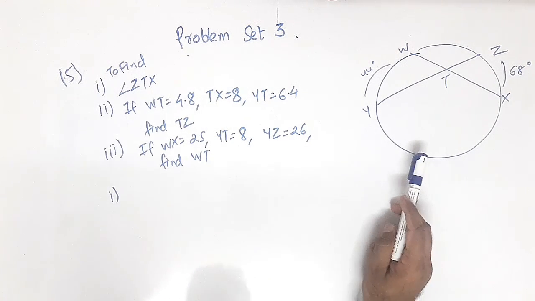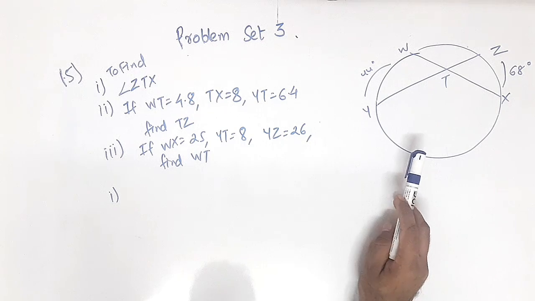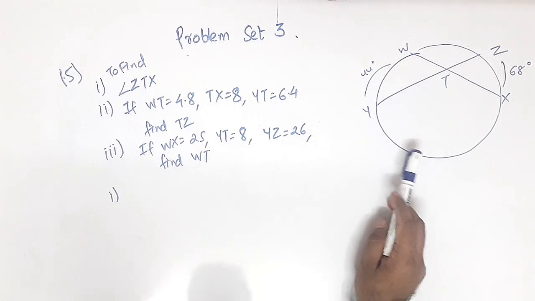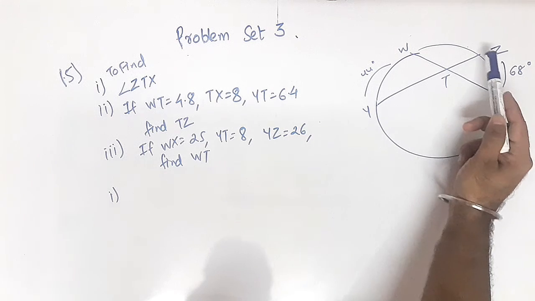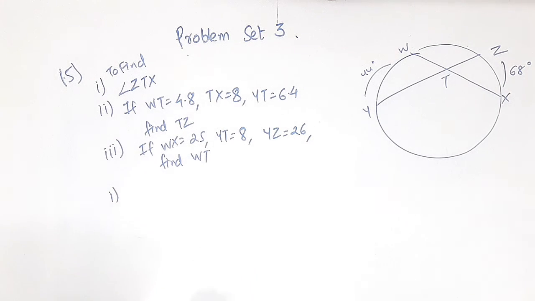With this much information, we have to find angle ZTX. You know how it goes when we have to find one of the angles of the intersecting chords.